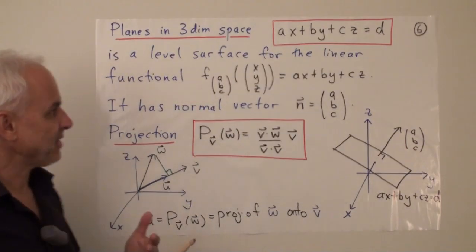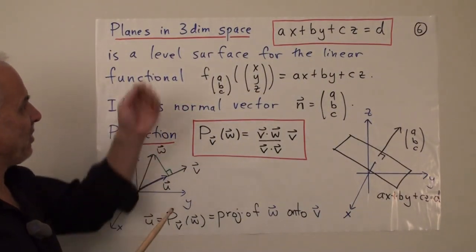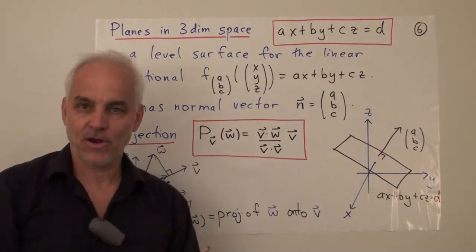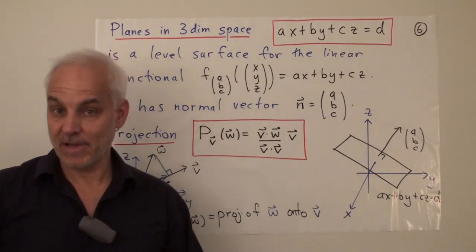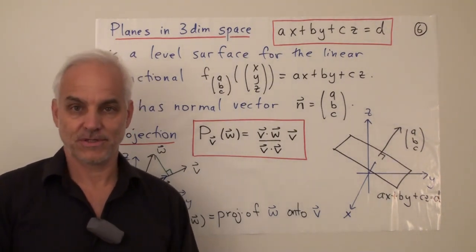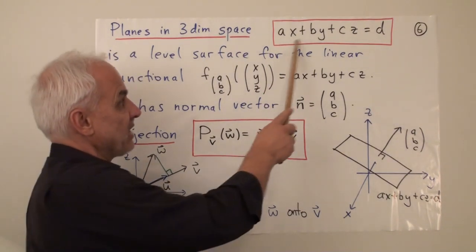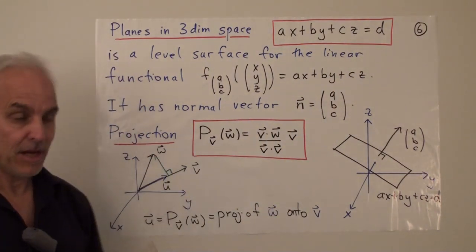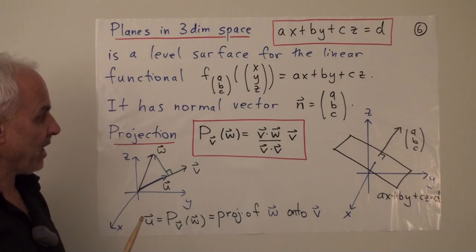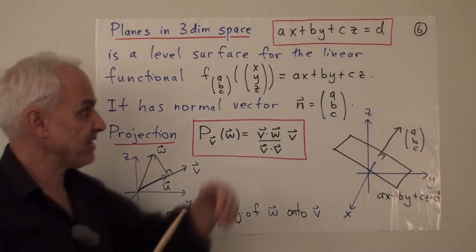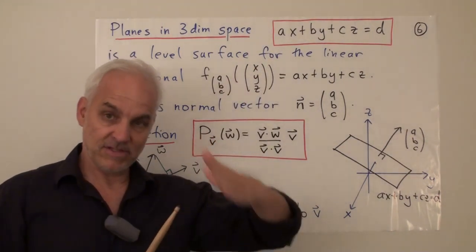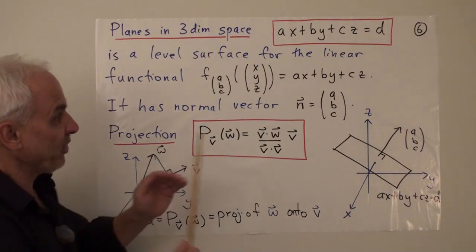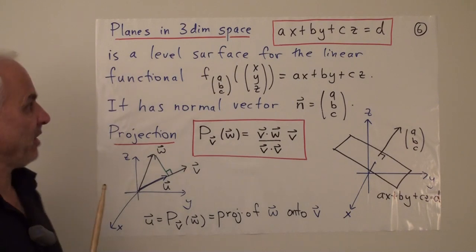All right, so now we get the natural connection between planes in three-dimensional space and these fundamental linear equations that have played a big role in the first part of the course. If we have an equation like ax plus by plus cz equals d, that defines a plane in three-dimensional space. In other words, those vectors x, y, and z that satisfy the equation give us a plane. Now we have the possibility of interpreting that plane geometrically.